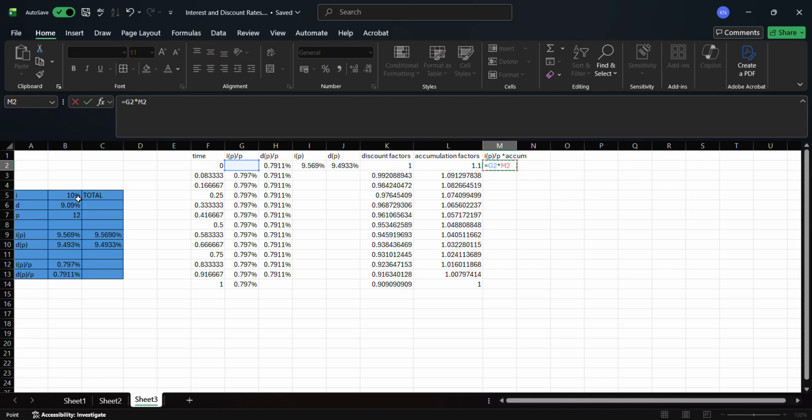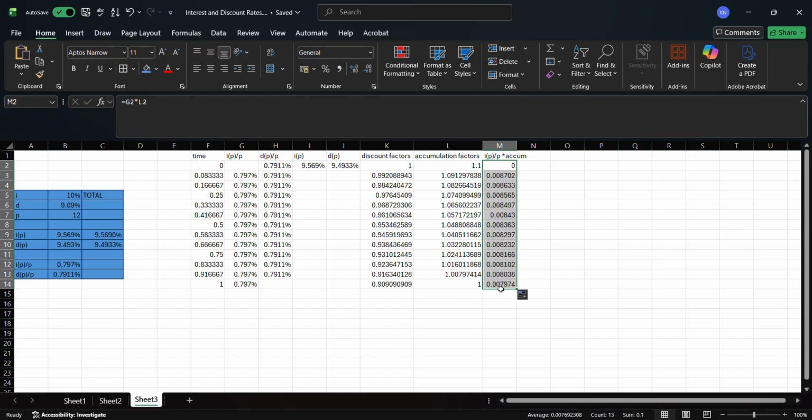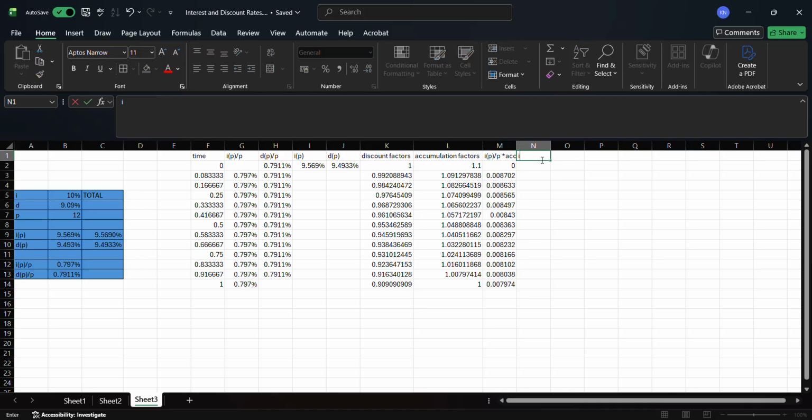We just multiply the monthly effective interest by the relevant accumulation factors, and we do that for all of them. There you go. And then, if we did this correctly, we should recover the interest rate by summing over each one of these. There you go. We got back the interest rate using the effective monthly rates.